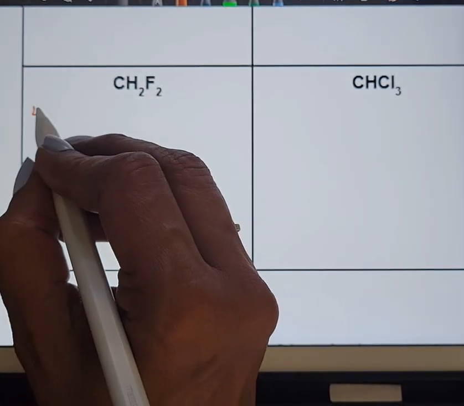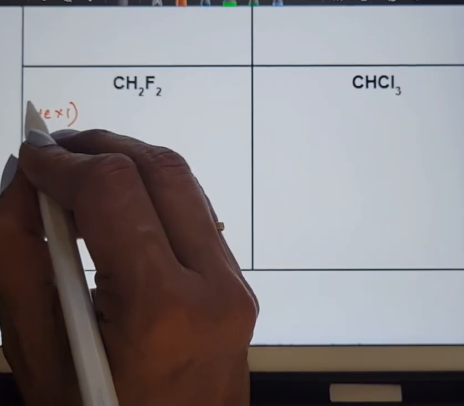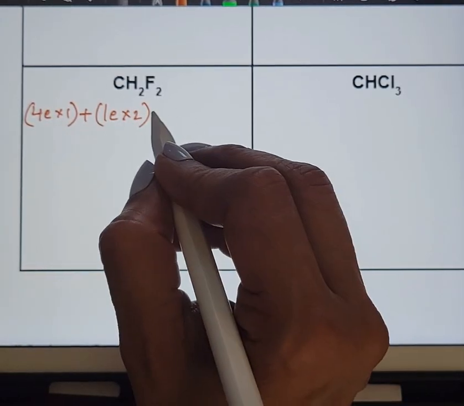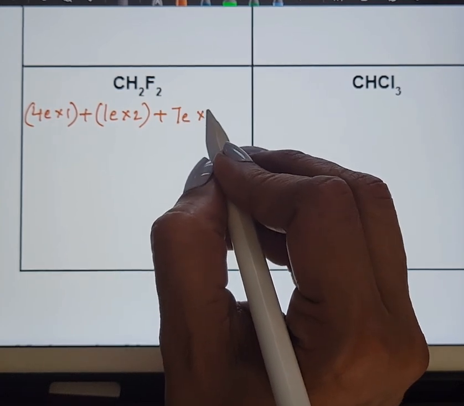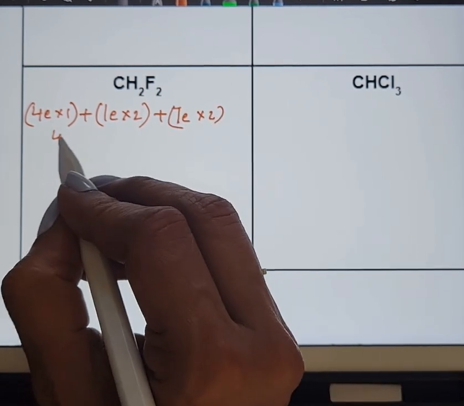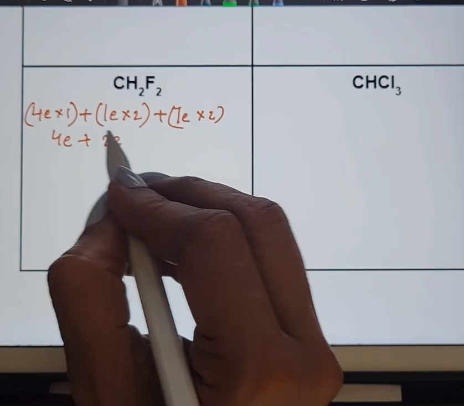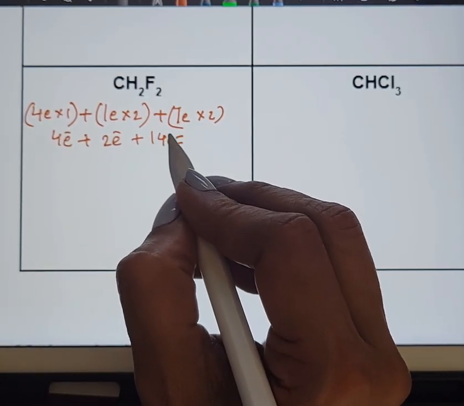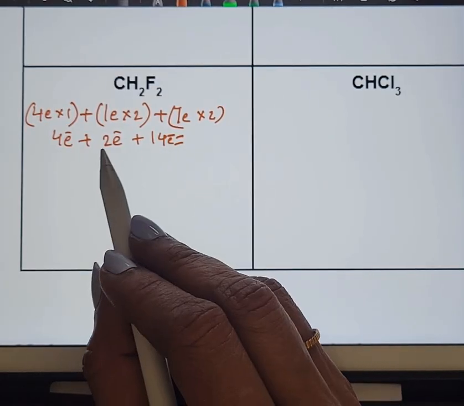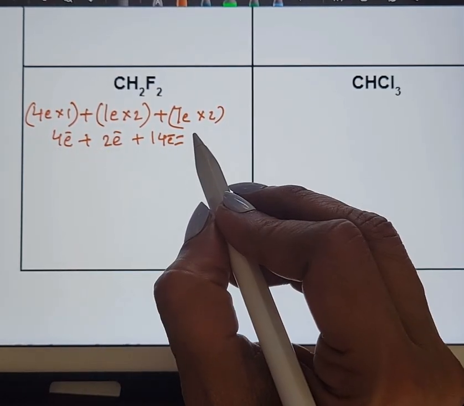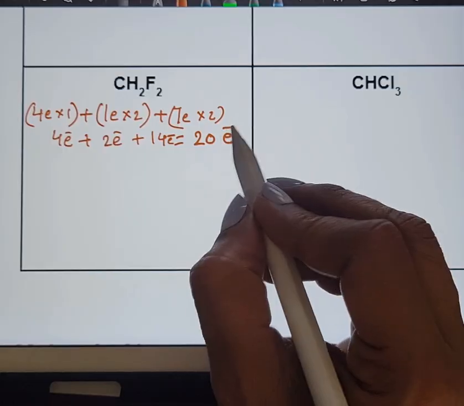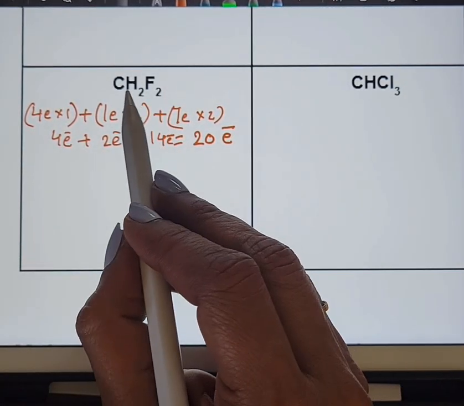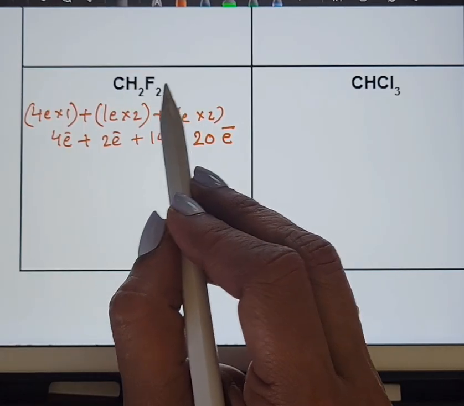So carbon, there are 4 electrons and 1 carbon, plus hydrogen, 1 electron, there are 2 hydrogens, plus fluorine, 7 electrons, there are 2 fluorines. So it is 4 electrons plus 2 electrons plus 14 electrons. So it is 14 plus 2, 16 plus 4 is how many electrons? 20 electrons.